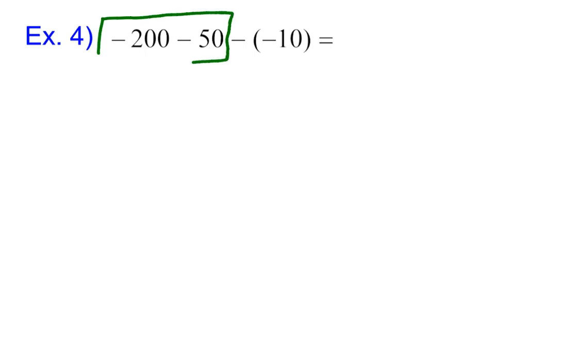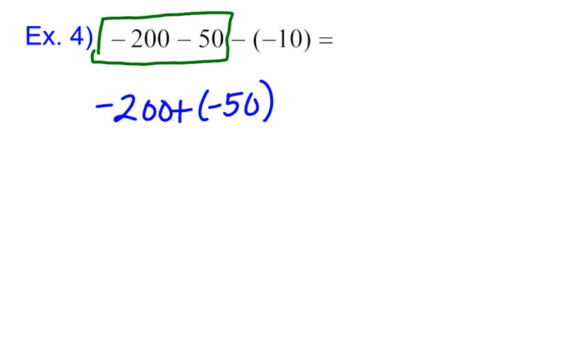We're going to concentrate on the first two numbers and let this side ride for a second, so that we can rewrite it as an addition problem. Negative 200 stays. The opposite of positive 50 is negative 50. So now all we did is take this here and rewrite it there.